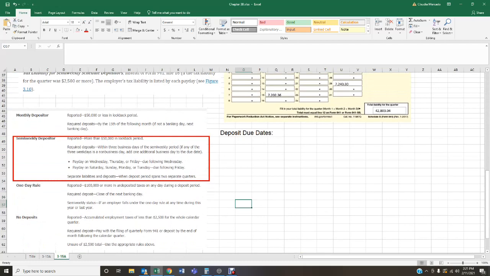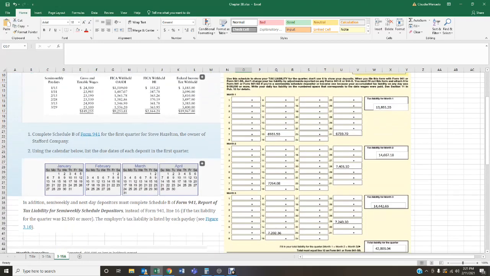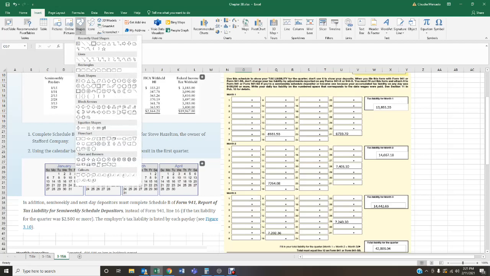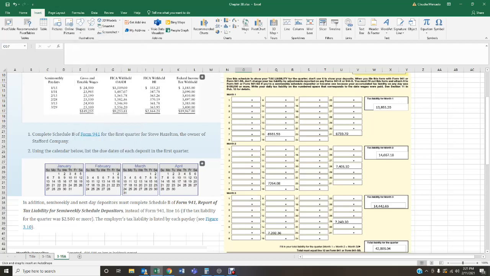If our payday was on a Wednesday, Thursday, or Friday, we need to make a deposit by the following Wednesday. If the payday is a Saturday, Sunday, Monday, or Tuesday, we need to make a payment by the following Friday. The first one we have is January the 15th, so let's look at January the 15th right there.